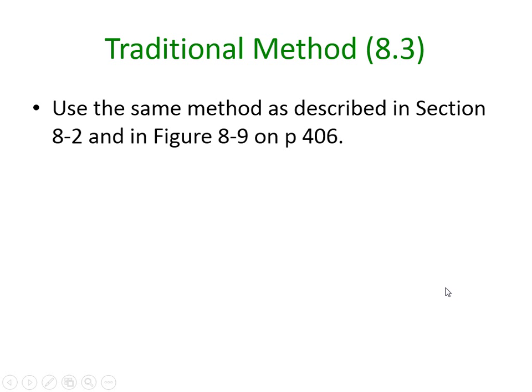Step 2, give the symbolic form that must be true when the original claim is false. That way we can use those for step 3. Of the 2 symbolic expressions obtained so far, let the alternative hypothesis, H sub 1, be the one not containing equality, so that H1 uses a symbol either greater than, less than, or not equal to.